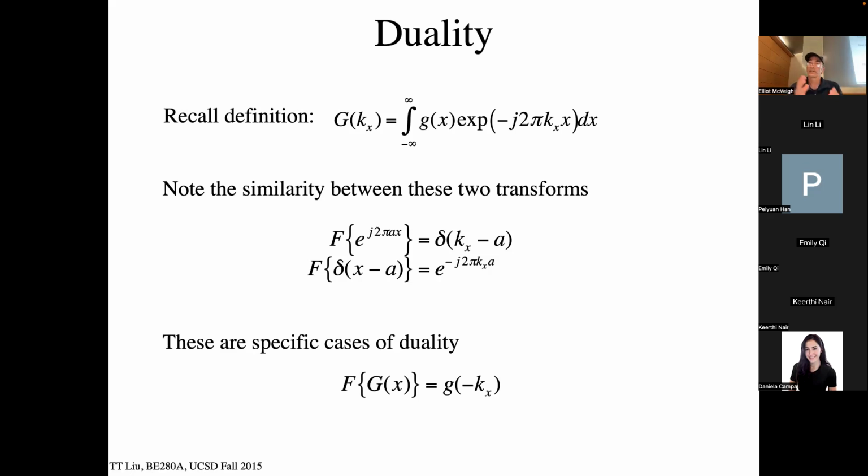Fascinating, right? If the function is symmetric, like a Gaussian, I take its Fourier transform, I get another function, take the Fourier transform of that, and I get my same function back. That's called duality.